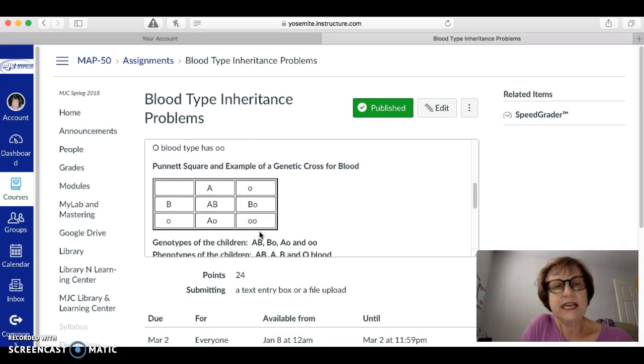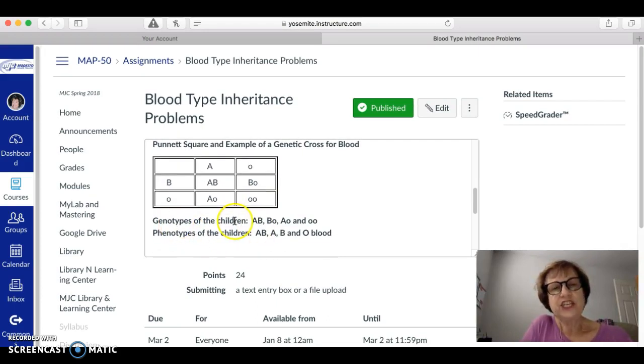So in this situation, the genotypes for the children will be AB, BO, AO, and OO. And the phenotypes, or what blood types the children would have, are AB, B, A, and O.